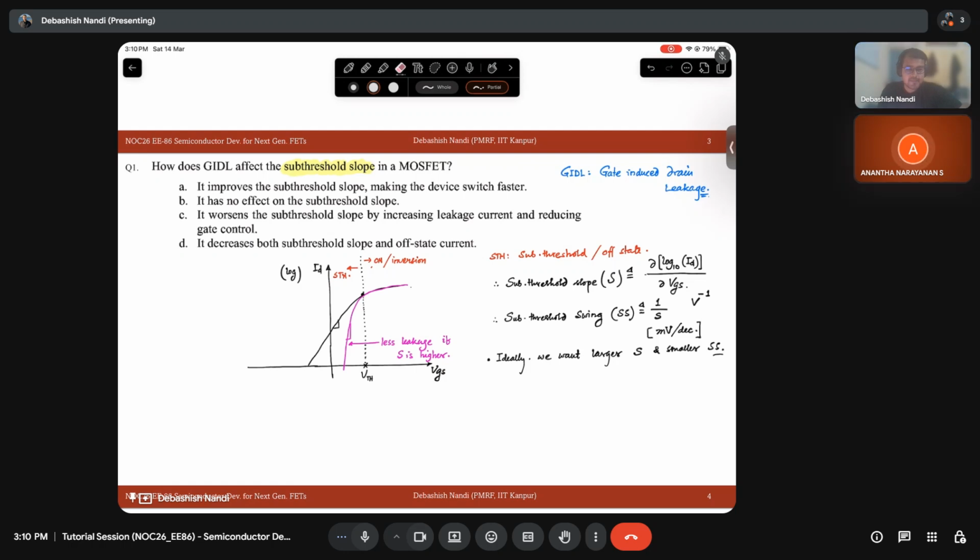Yes, that's visible. So far we are discussing gate induced drain leakage. What I am motivating you to understand is what the subthreshold slope and subthreshold swing are. Subthreshold slope is defined as the partial derivative with respect to the gate voltage of log of your ID, provided you are below this line, that means you are in this region or the subthreshold region.